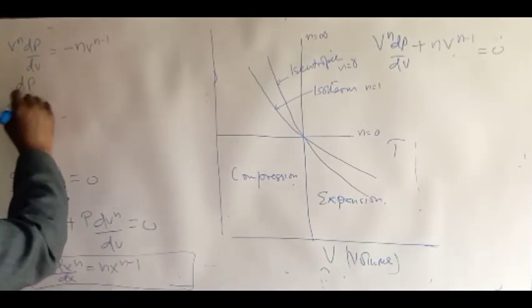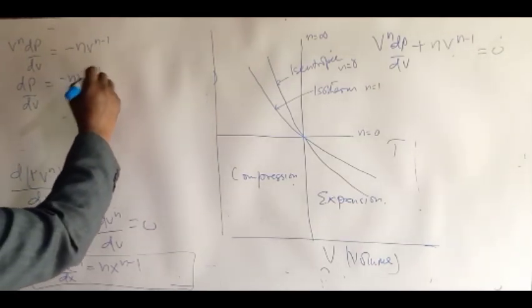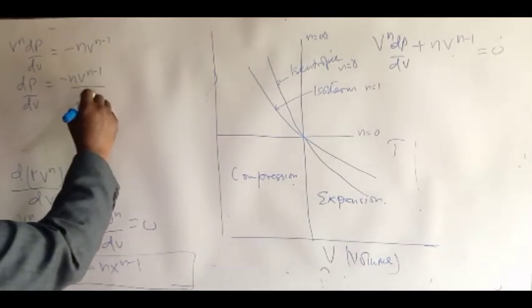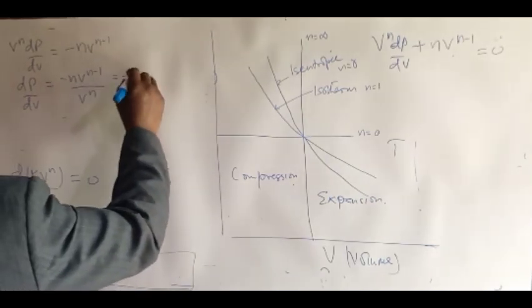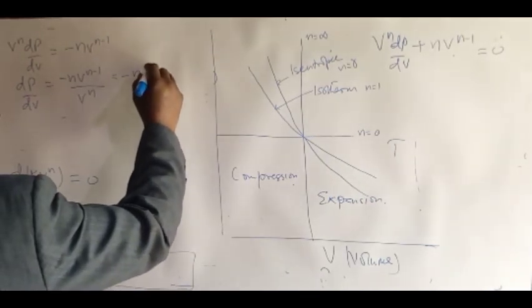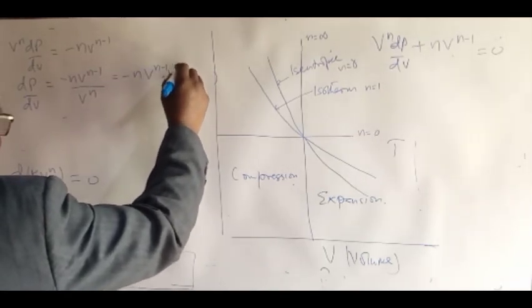So we have dp by dv being equal to minus n v^(n-1), dividing both sides by v^n, which turns out to be minus n v^(n-1) times v^(-n).